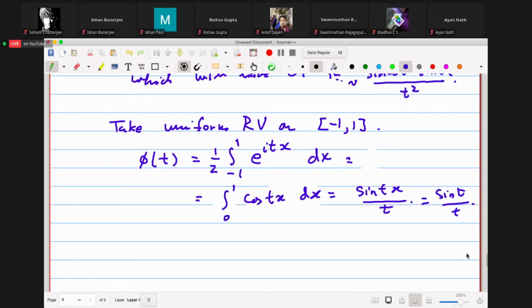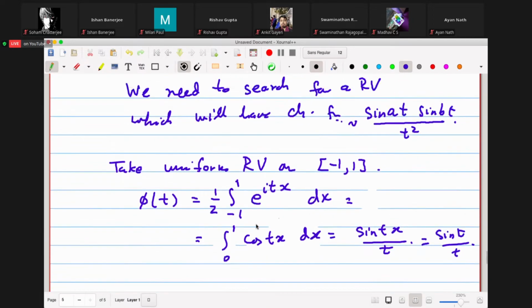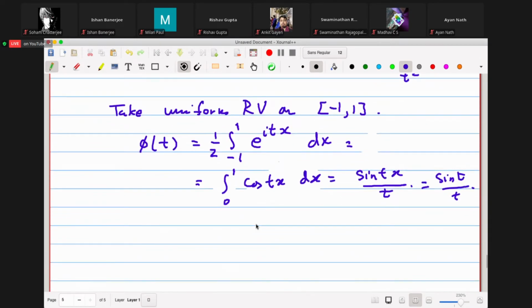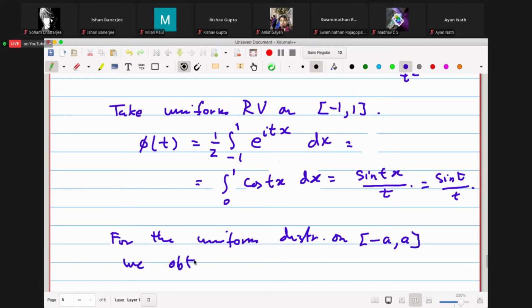And so while this is close, what we do is consider the uniform distribution on minus a to a. So take this time, for the uniform distribution on minus a to a, we obtain sine at by t.